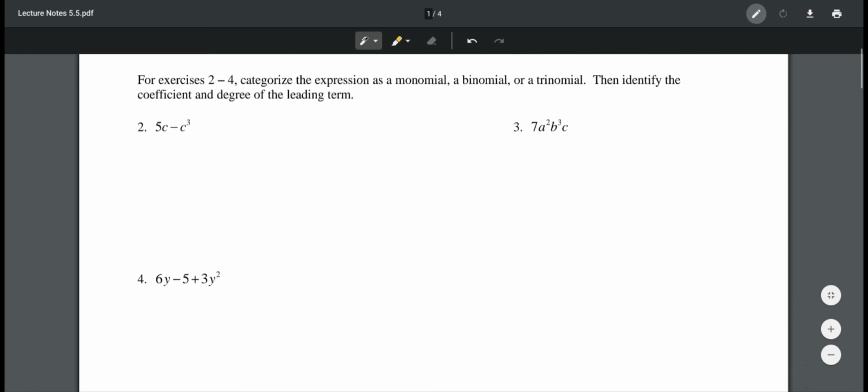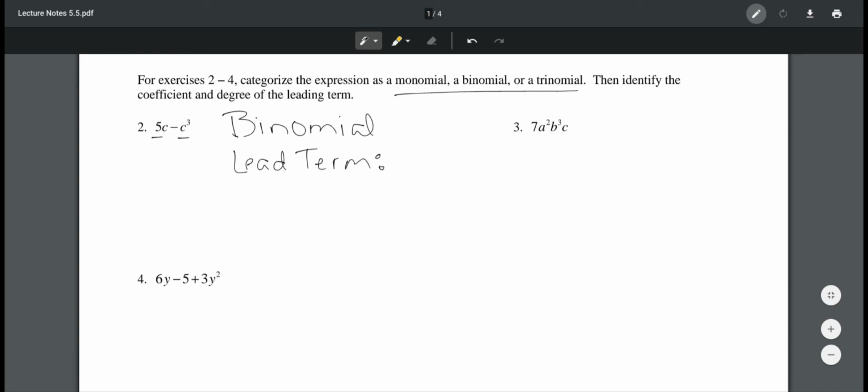Now, in the next exercise, we want to categorize the expression as a monomial, binomial, or trinomial, and then identify the coefficient and the degree of the leading term. Now, this has two terms, 5c and negative 3c to the third. So two terms means it's a binomial. That answers the first question. Then identify the coefficient and the degree of the leading term. Well, the leading term is not 5c.